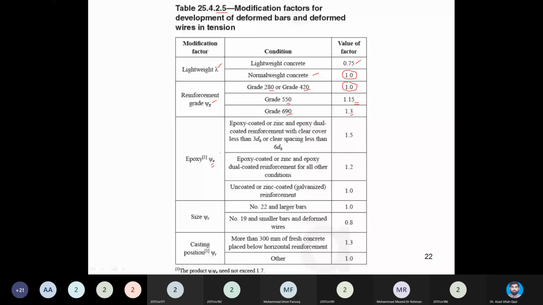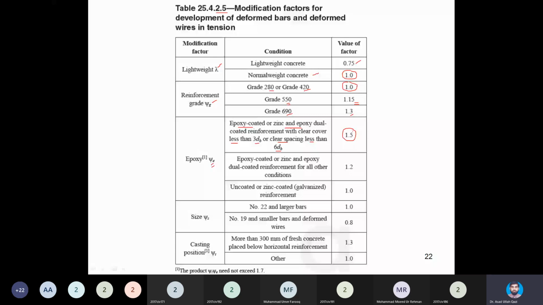So for epoxy coated or zinc and epoxy dual coated bars with clear cover less than 3 times their diameter and clear spacing less than 6 times the diameter, if these 6 db or 3 db are not present, you need to magnify the development length by 50%.